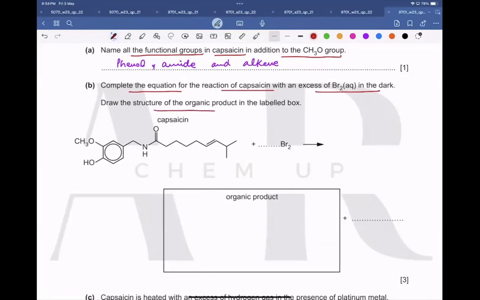Okay, draw the structure of the organic product in the label box.